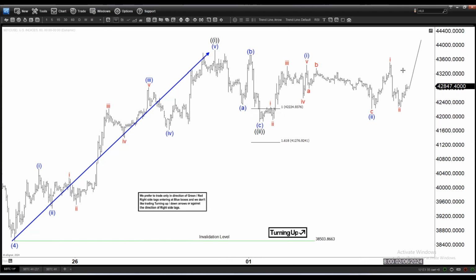Now we've been sideways so far, but from this last peak of the short-term rally, we can clearly see the pullback is not impulsive. So this information alone gives you a higher probability that eventually it's going to break above 1 rather than breaking below 38,503, because this one is corrective.